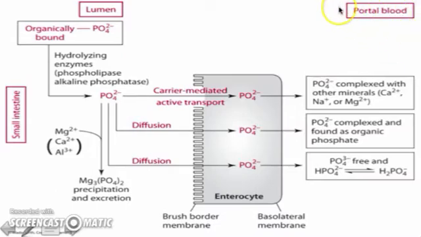We see it's in the portal blood, and it will be circulating in various forms: either free, in the free form, complexed to organic compounds and found as organic phosphate, or complexed with other minerals such as calcium, magnesium, or sodium.